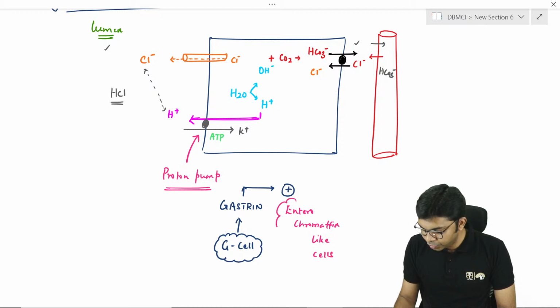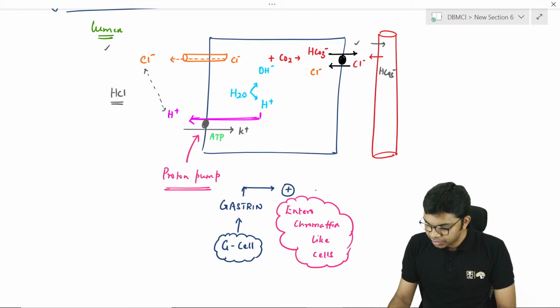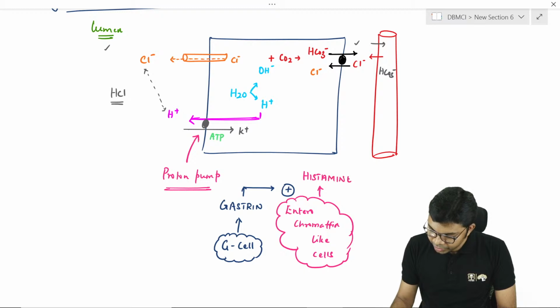These ECL cells are going to produce histamine, and histamine is going to excite parietal cells through a receptor called the H2 receptor.